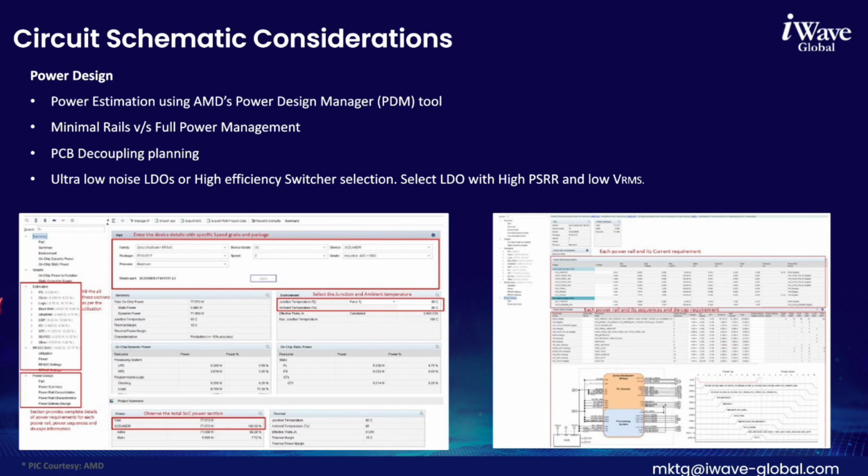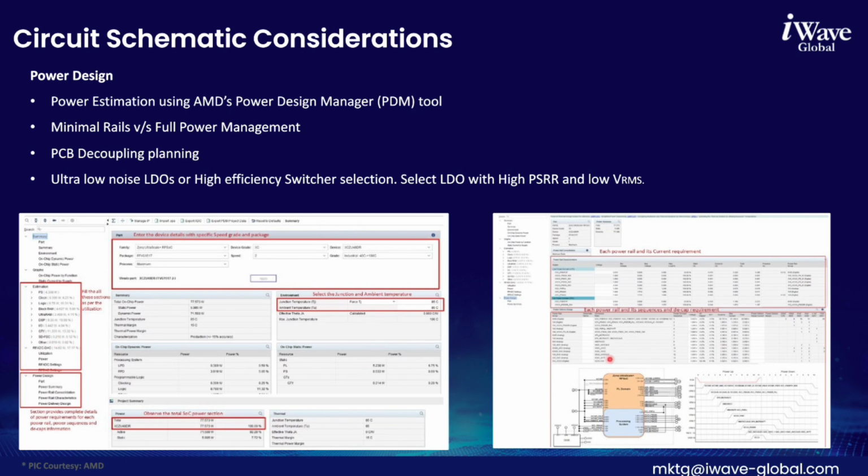If you have the Vivado design, you can easily fill in the resource requirement details. If you don't have the Vivado design, you can go directly to each section, fill in the resource details, and get the output power.